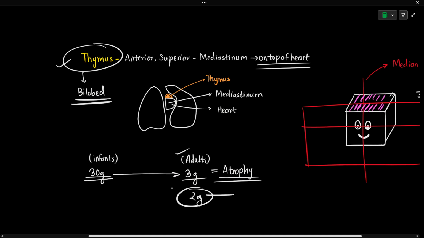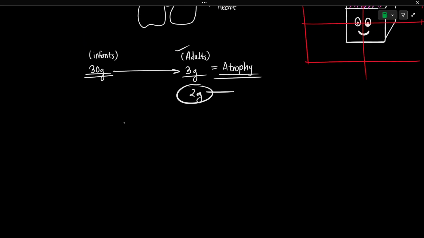Naive T cells are the ones which are fully developed T cells, but they have never undergone any antigenic interaction. Let me give you an example. Imagine this phenomenon as you being in your teenage stage. When you are a baby, you are immature.